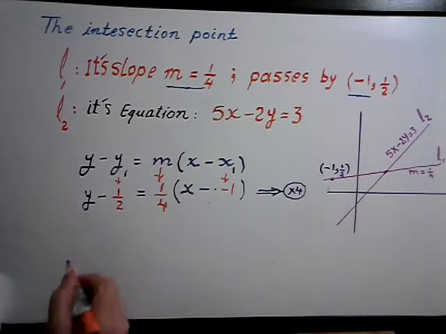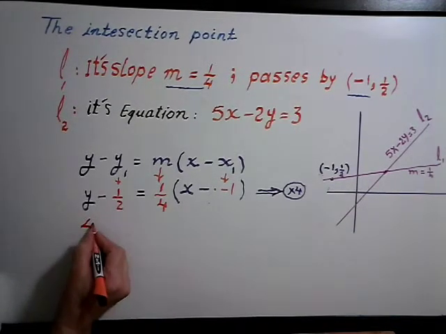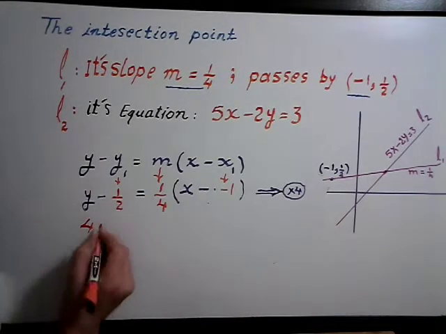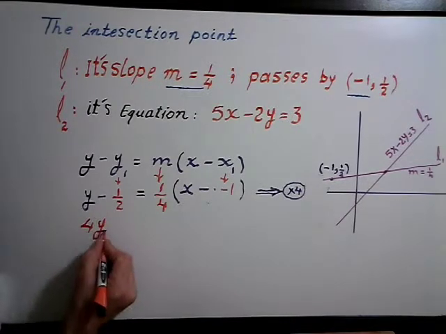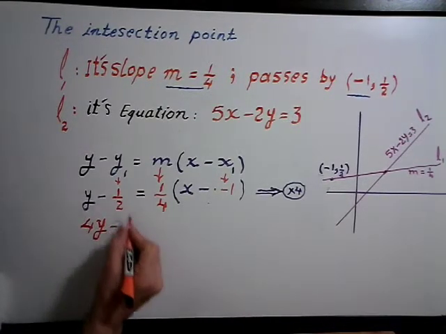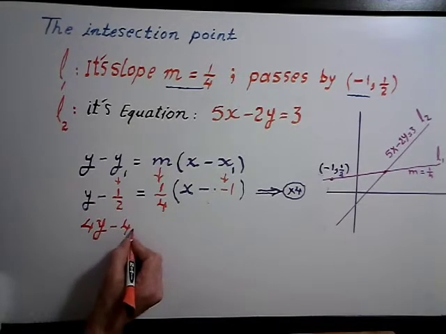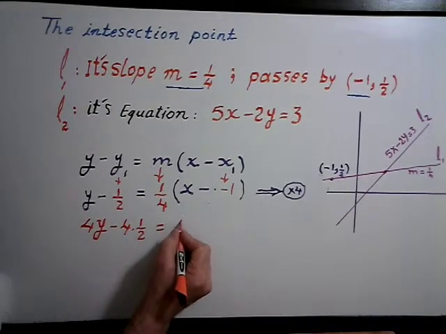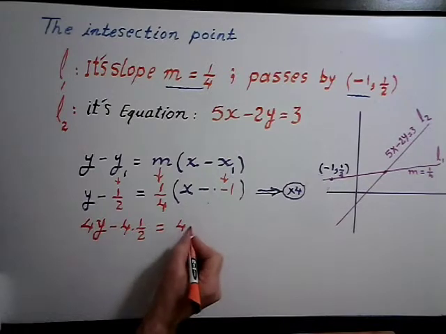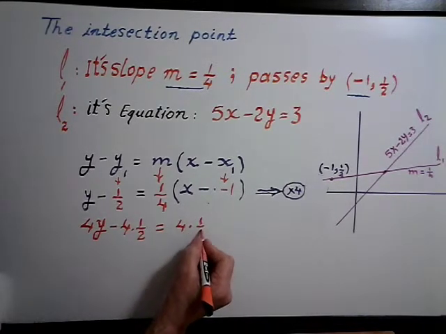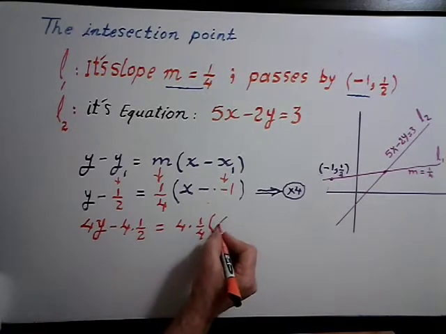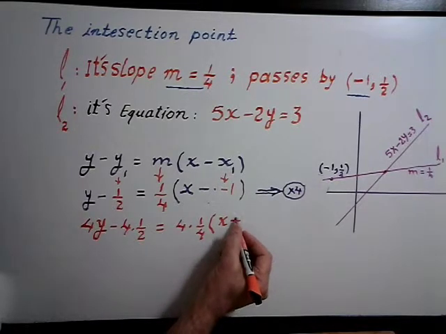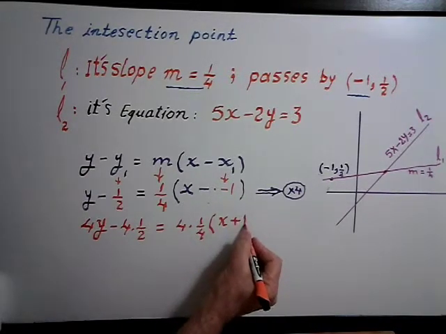Then I will get 4 multiplied by y, that means 4y, minus 4 multiplied by 1/2, is equal to 4 multiplied by the other side, which is 1/4 times x plus 1, since negative times negative means plus.